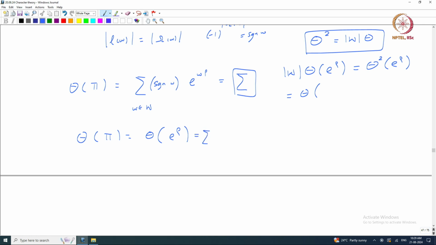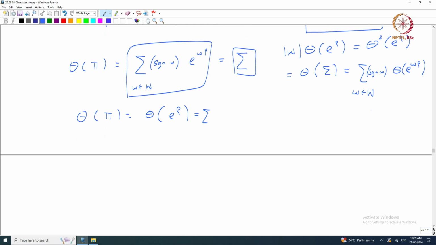So, you are applying theta again on sigma. Okay. So, now if you write this sigma in terms of this alternating sum, then you can see that this is exactly equal to the summation of sign of W, theta applied on e power W rho, where W comes from capital W.